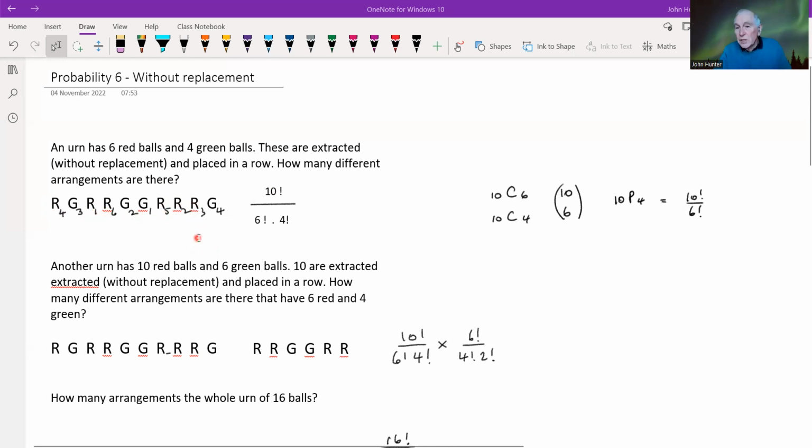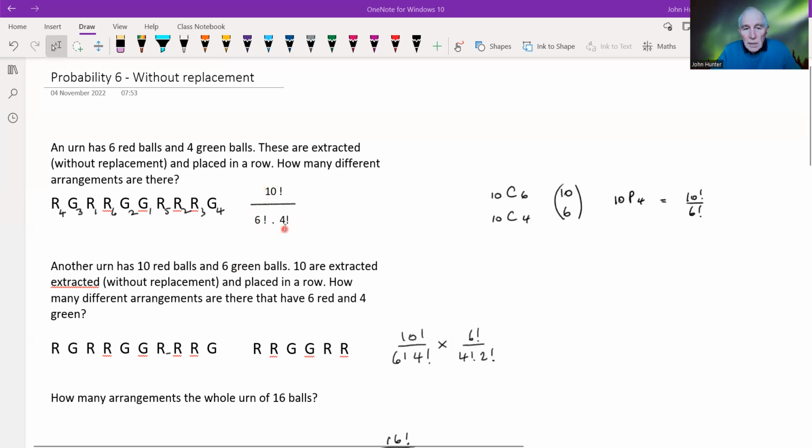So that would be 6 factorial. We're factoring back out the fact that we've counted 6 factorial times too many. And then we do it for the greens as well. So that would be 4 factorial. So that would be the total number of different arrangements.